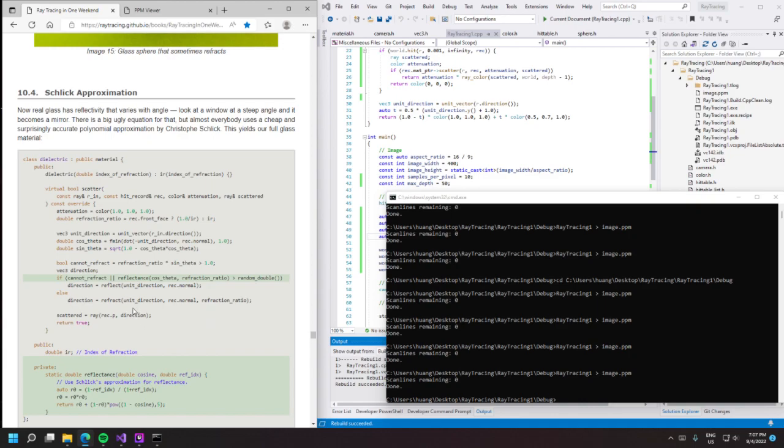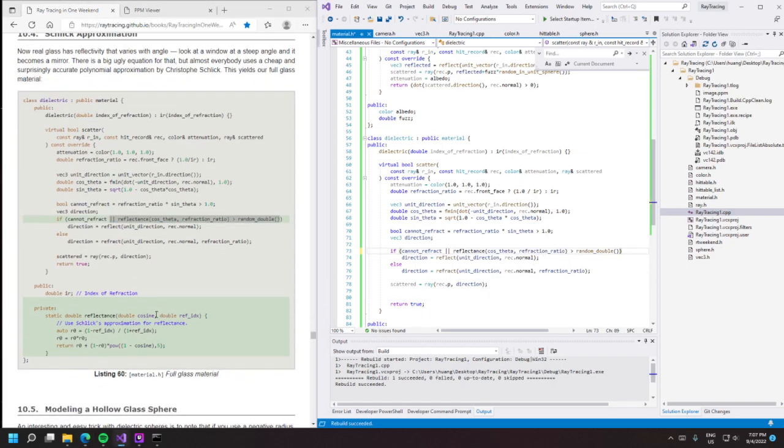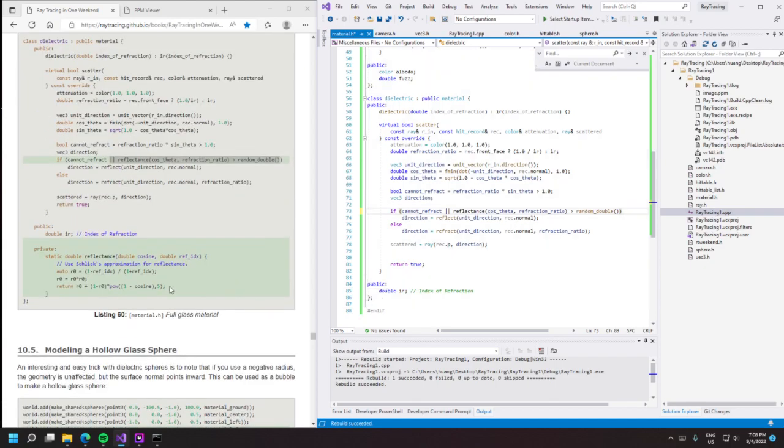So if cannot refract, let's get back to that. If cannot refract, or the reflectance is larger than the double. I don't know what that means. Let's do it first. And there's another private function called reflectance.